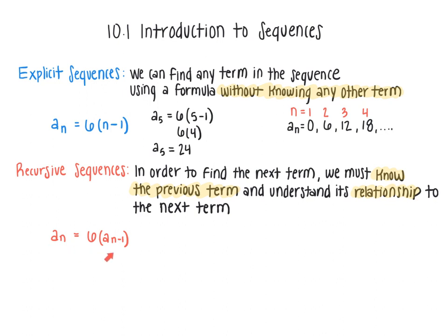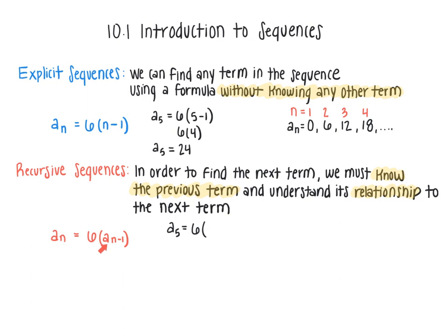Now, if we look at the recursive sequence, it looks very much similar, but I must point out that inside the parentheses, it doesn't just say n minus 1, it says A sub n minus 1. So now we're going to try to find the fifth term except using this formula, and you're going to notice that our answer is actually different. So again, A sub 5 is equal to 6 times, now this is where things get a little bit tricky.